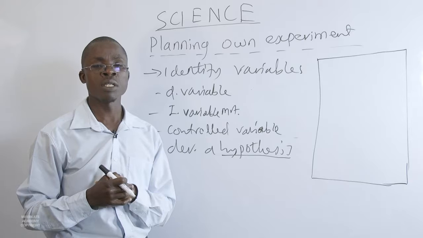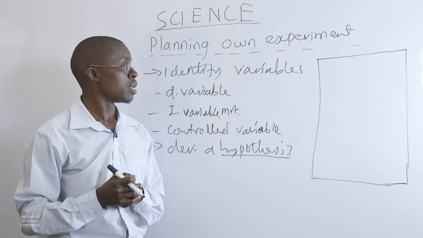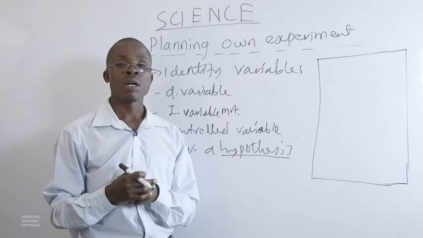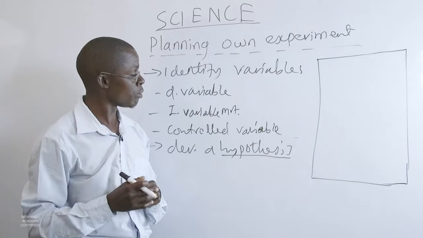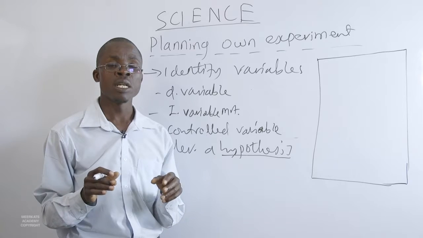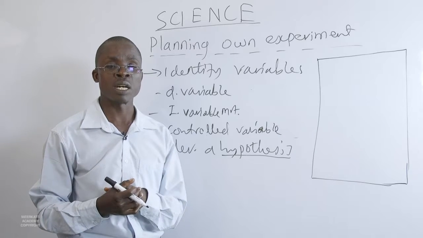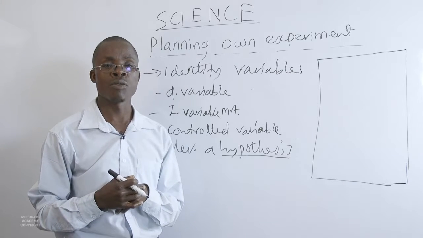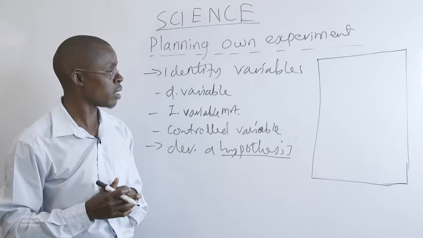Carry out a good experiment, but with poor results, and you end up a poor scientist because you will not have achieved anything. So in our recording, we said that there are various ways you can present your data. One is by table form, and that is what I want to do.